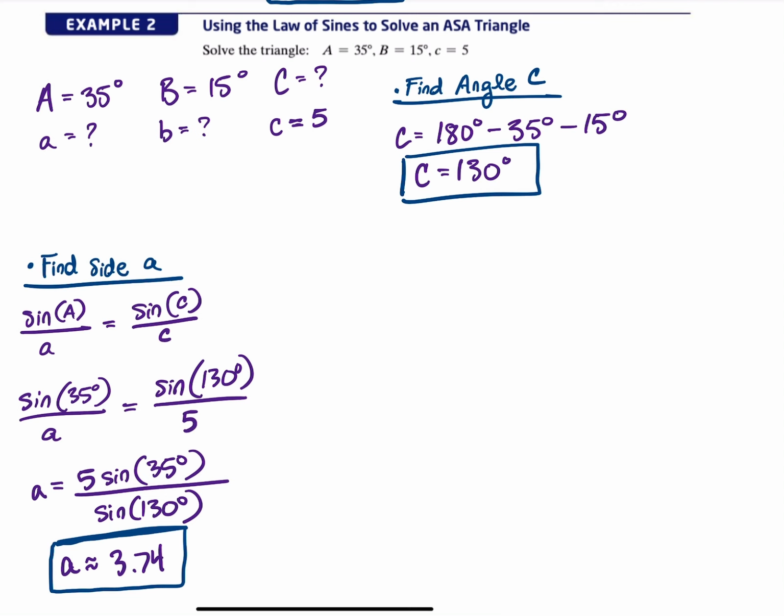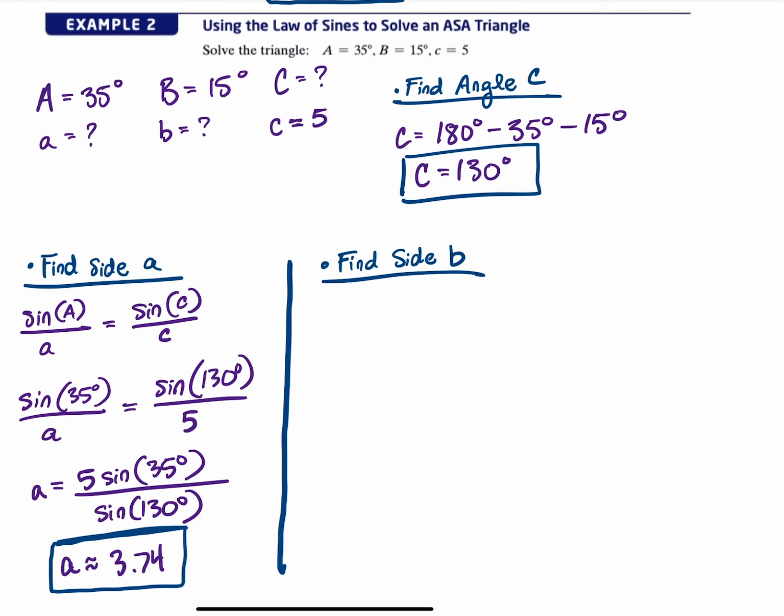All right, let's do something similar for our last missing piece, which is side length B. So I'm going to stick with using C. So let's relate C and B. We could do it between B and A, but since we did some rounding here for side length A, it might introduce some additional slight errors.